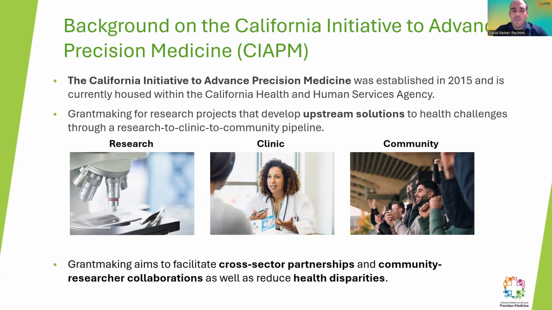We also like to think of that process as collaborative. So we're researchers working with clinics and with community to provide health solutions. Grant making is focused on cross-sector partnerships, community researcher collaborations to reduce health disparities. Next slide.